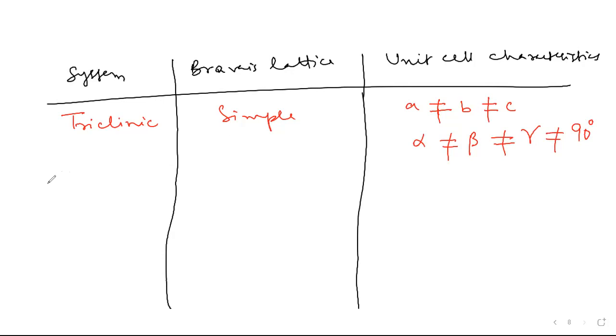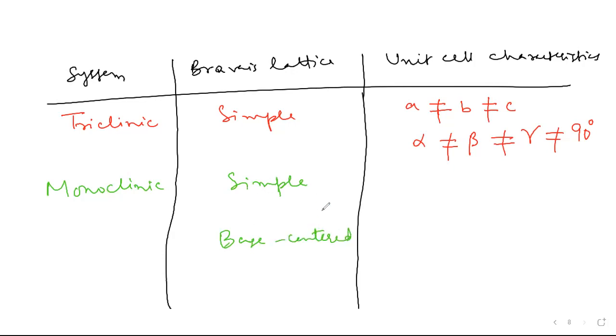Next is monoclinic. There are two possibilities for Bravais lattice. One is simple, second is base centered.